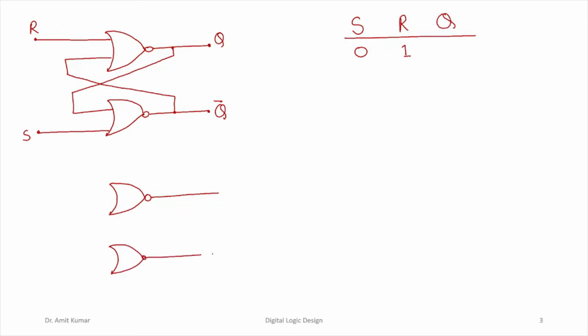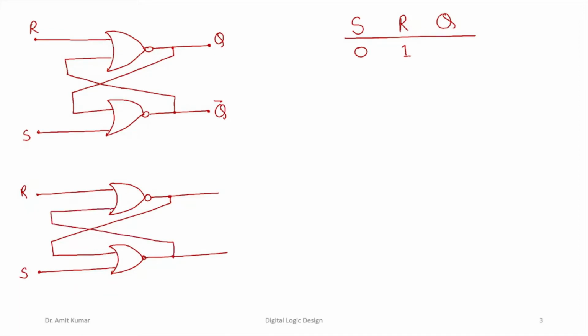These are two NOR gates. This is the input R, this is the input S. This output is connecting to this NOR gate with the help of the feedback mechanism, and this output is connecting to the input of this NOR gate with the help of the feedback mechanism. This is the output Q, this is the output Q bar.